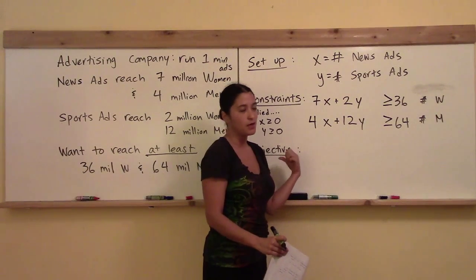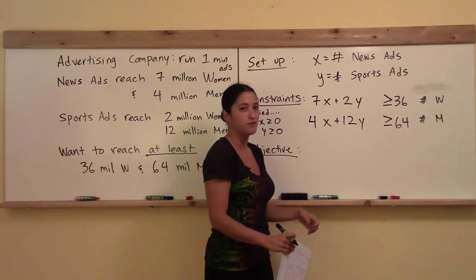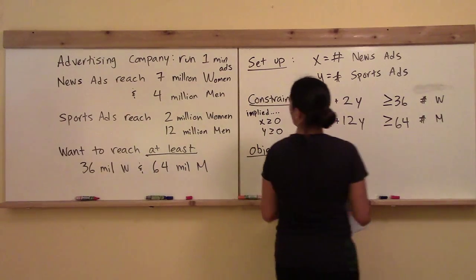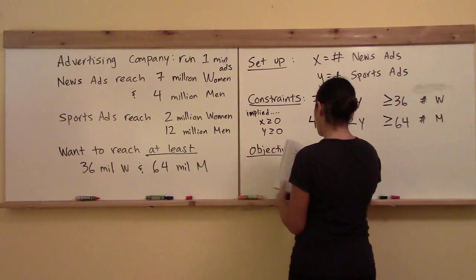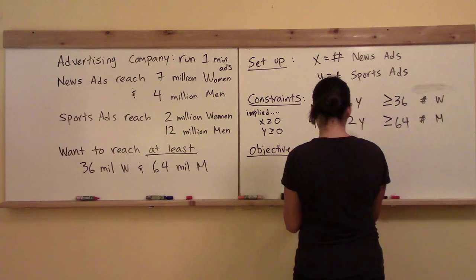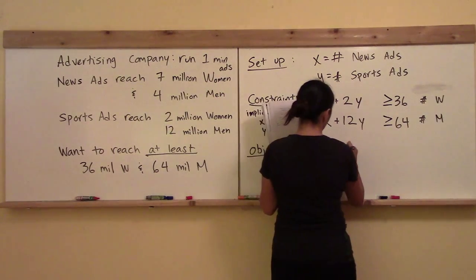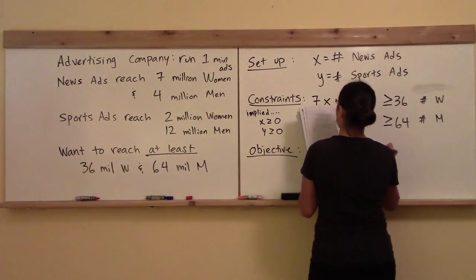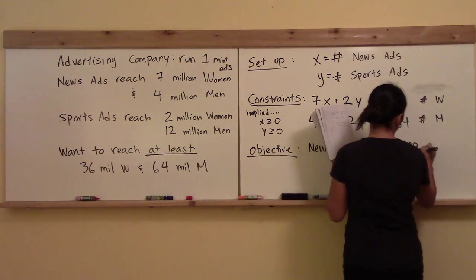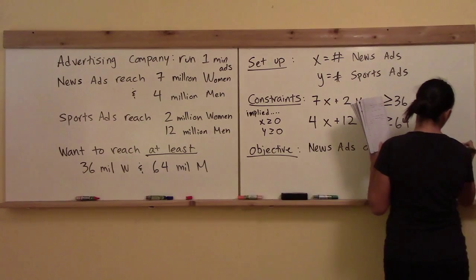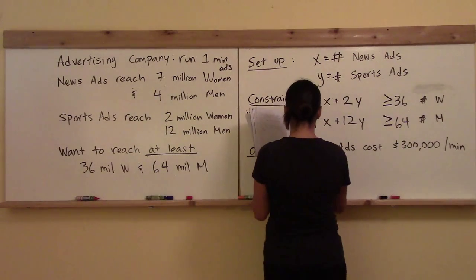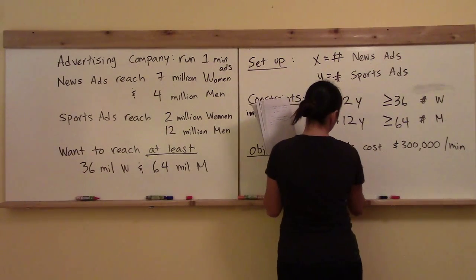Okay, so in the last problem you saw me trying to maximize my profit. Here I will try to minimize my cost. How much does a news ad cost? How much does a sports ad cost? I just made it up. Let's say that news ads cost like $300,000 per minute. I know those national ads probably cost a lot, so I made up these big numbers.